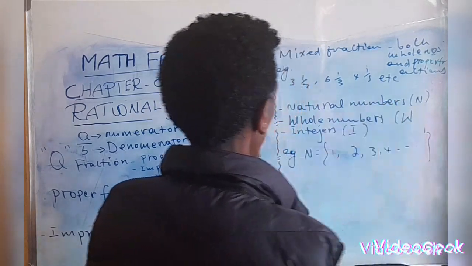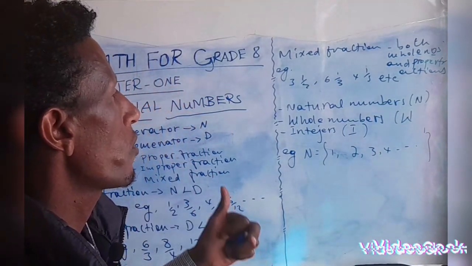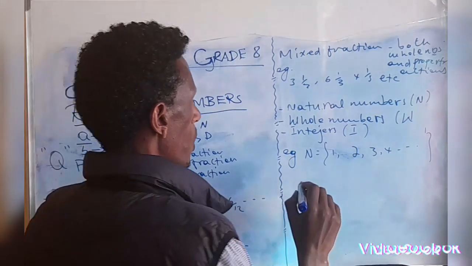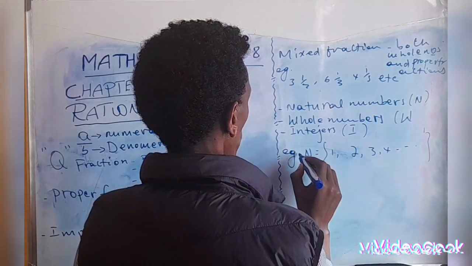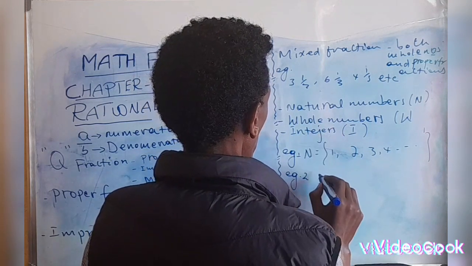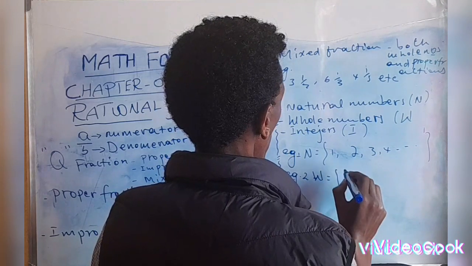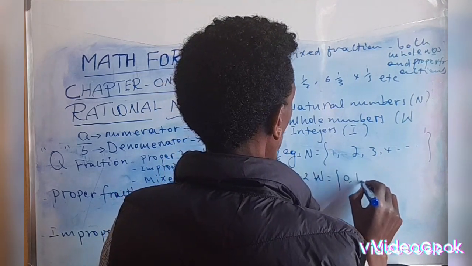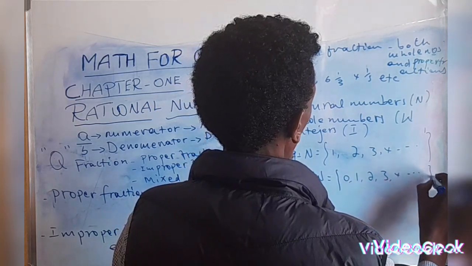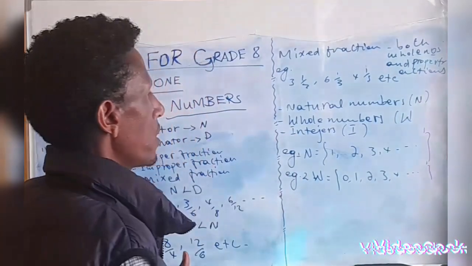A whole number is a number that starts from 0 and has no end. So W is equal to the set containing 0, 1, 2, 3, 4, and so on. The third one is an integer.